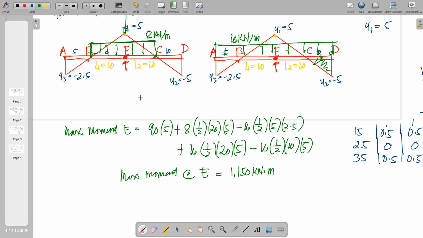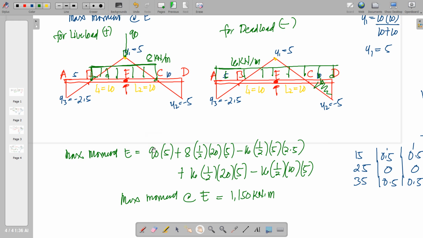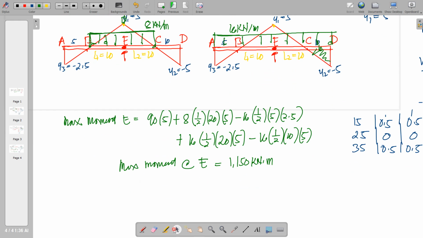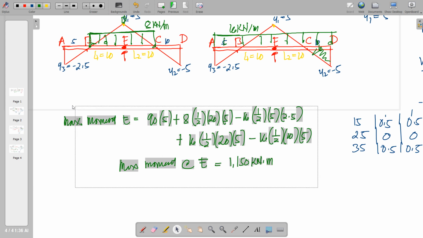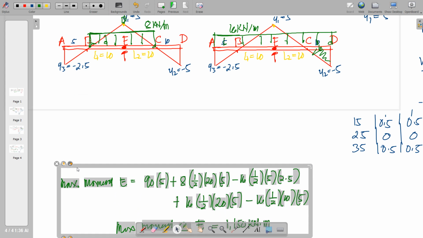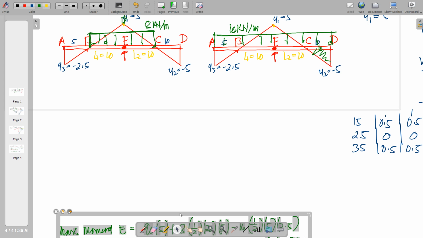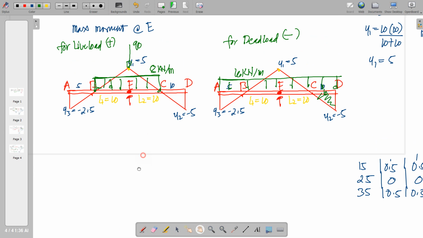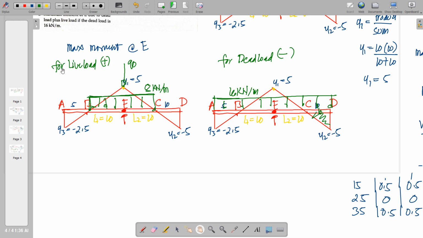So let me show you what I'm talking about a while ago, that we could also consider negative values of the live load. So how is that? We have indicated live load plus there.